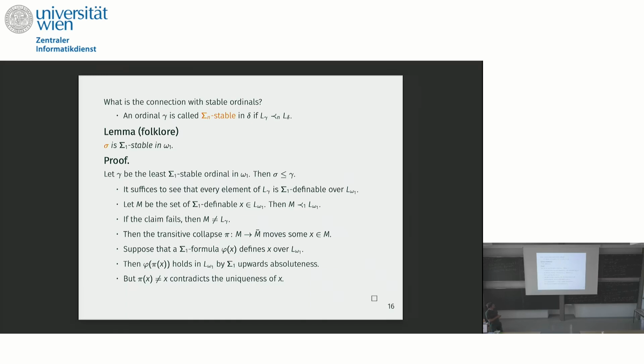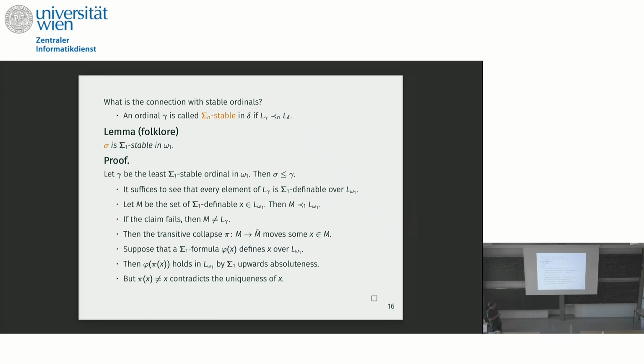But conversely, it suffices to show that if you look at this L_γ, the least one that is Σ1 elementary in L_ω1, every element is Σ1 definable. So take all the Σ1 definable elements of this, call this M. This M is going to be a substructure. We're just trying to show M is equal to L_γ.